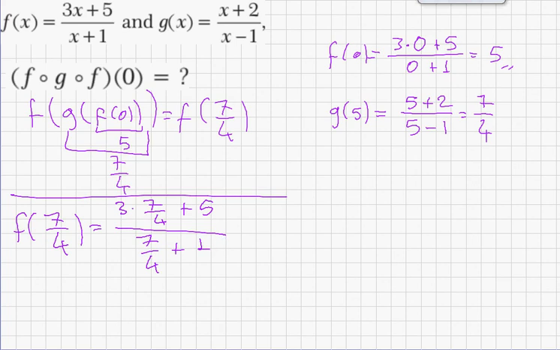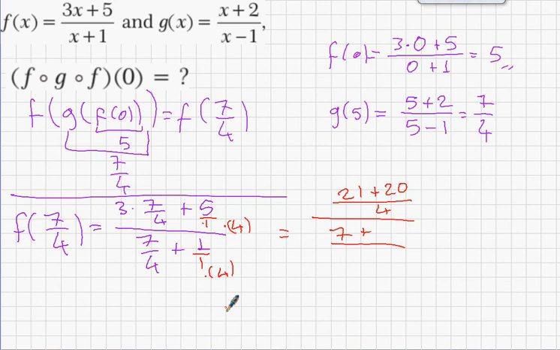So remember that I must have the same denominator. Over 1 times 4, over 1 times 4. Understood? Here the first part will be 3 times 7, 21, plus 4 times 5, 20, over 4. Here the lower part, 7 plus 4 times 1, 4.